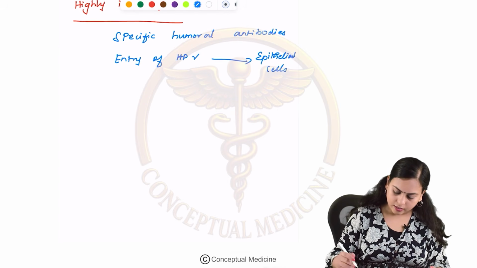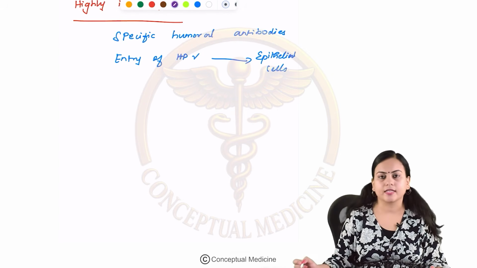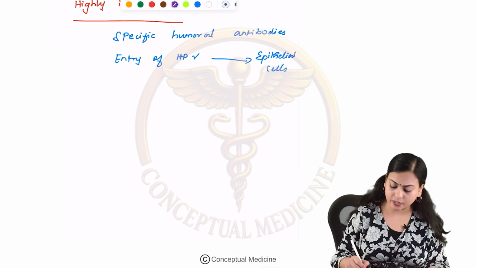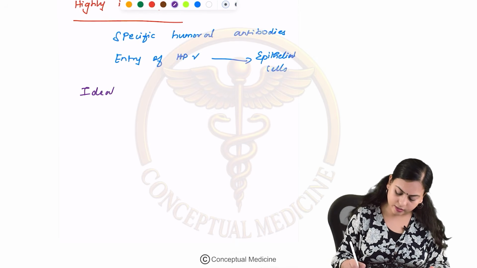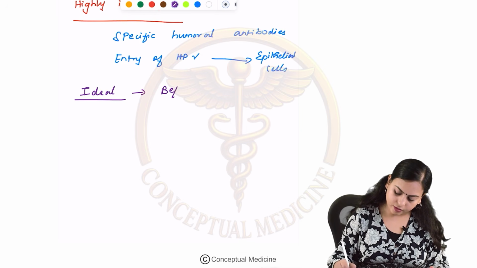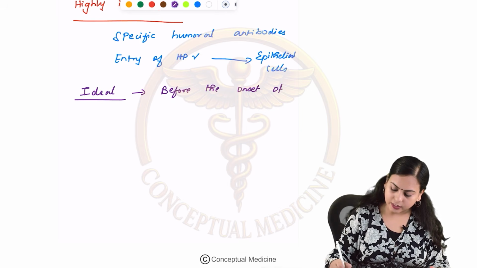Right. Now, when will you take this vaccination? The ideal time to take vaccination is before the onset of sexual activity.